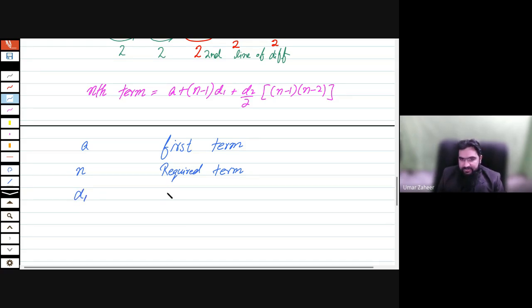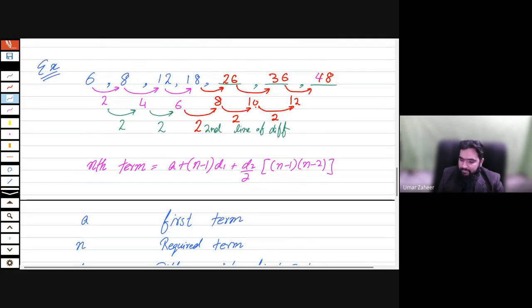The d1 is basically the difference between the first two terms. Look here, the first two terms are 6 and 8. You take the difference, which is 2. So this is your d1.